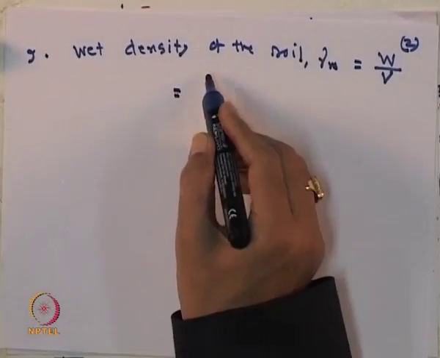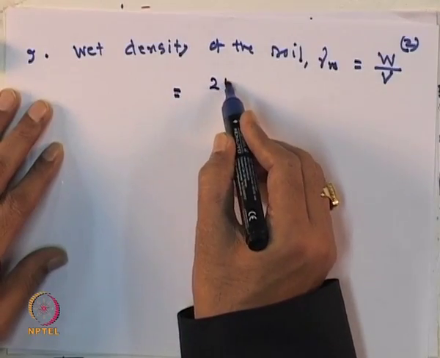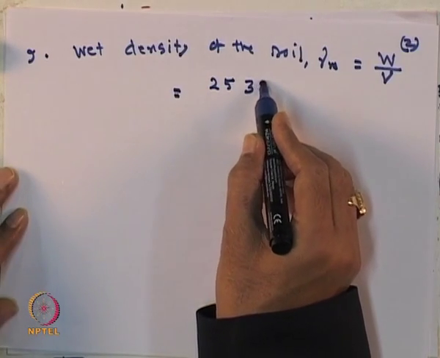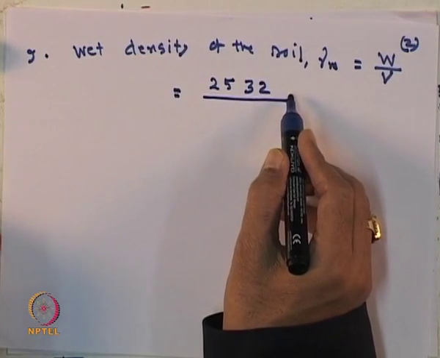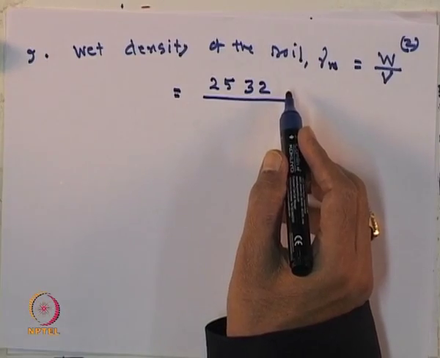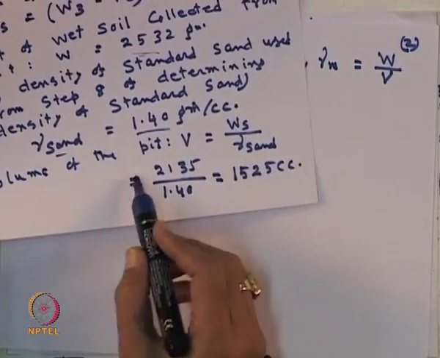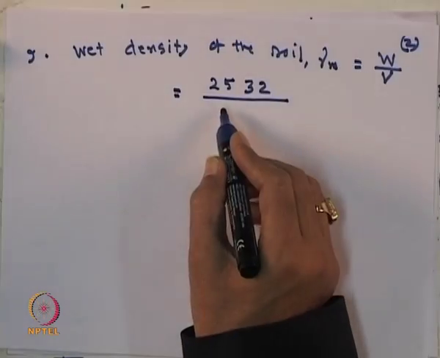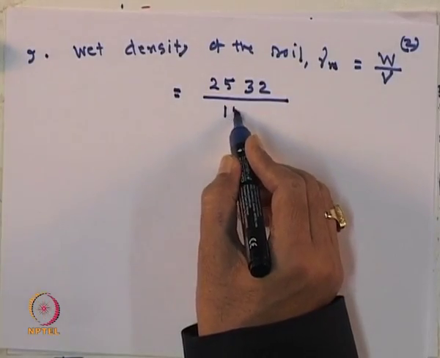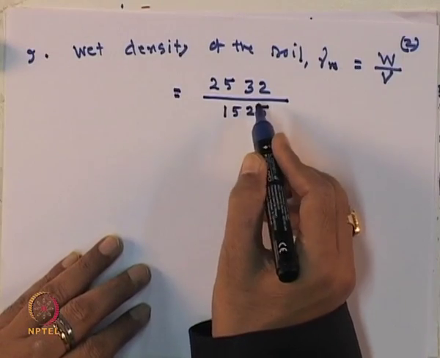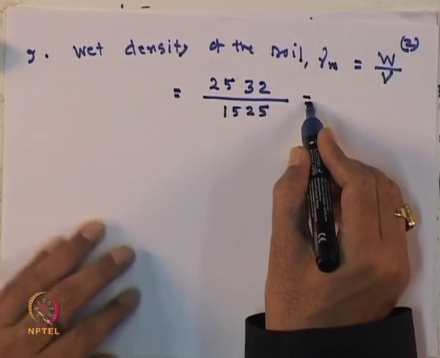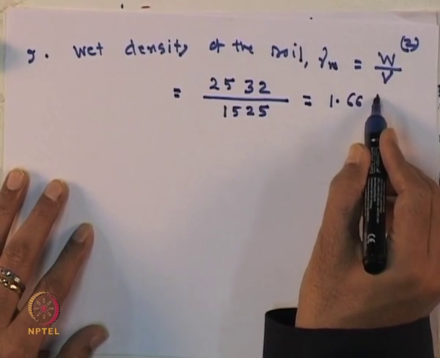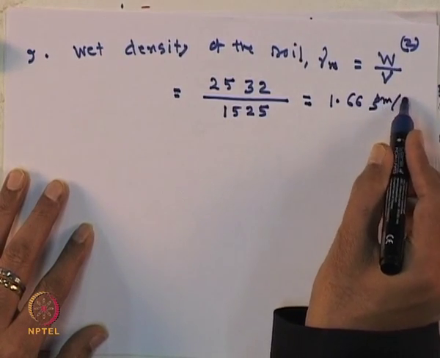This is divided by the volume of the pit we determined, V equal to 1525. So, this will give the density about 1.66 gram per cc.